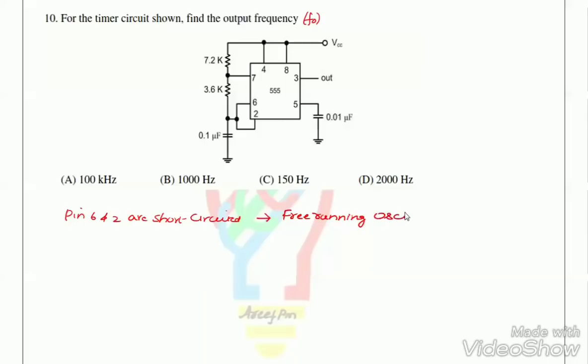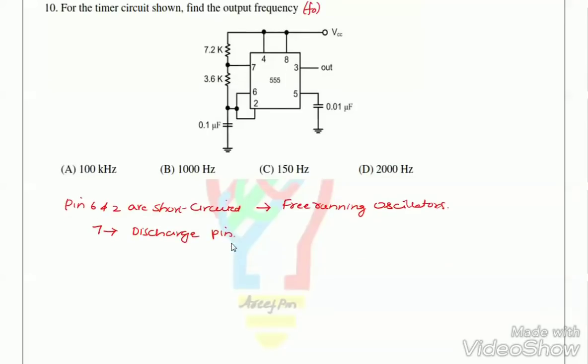Next, here pin number 7 is nothing but a discharge pin. Here when we apply VCC supply, the capacitor is going to charge through the resistance this one and this one. So let me name it, RA is a resistance and RB is a resistance. These two resistances are called charging resistances.